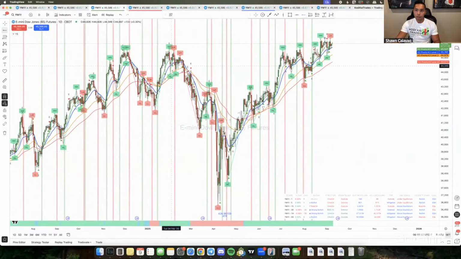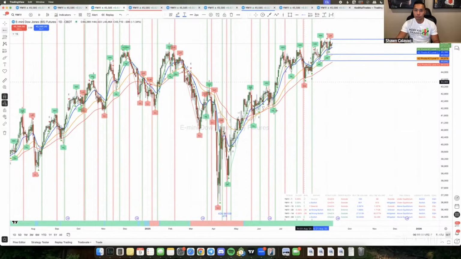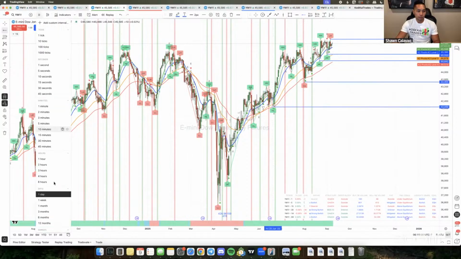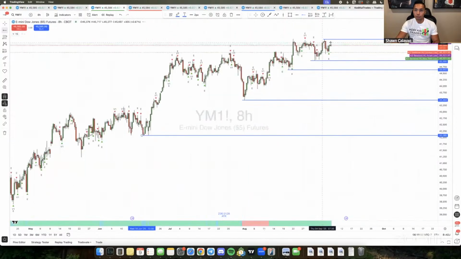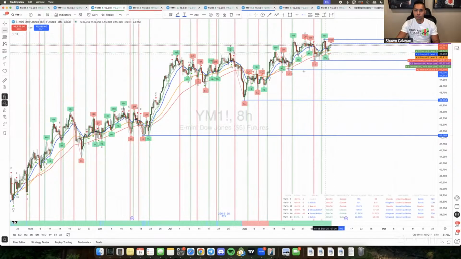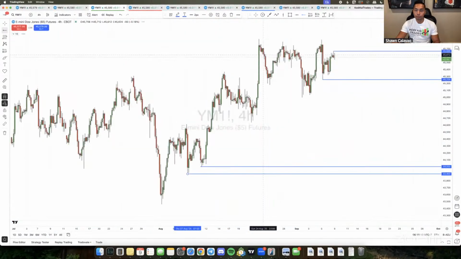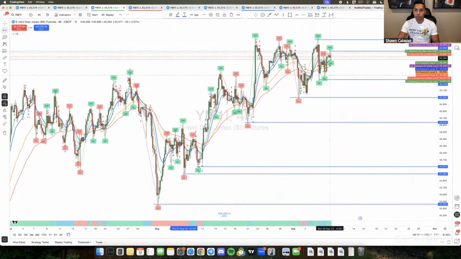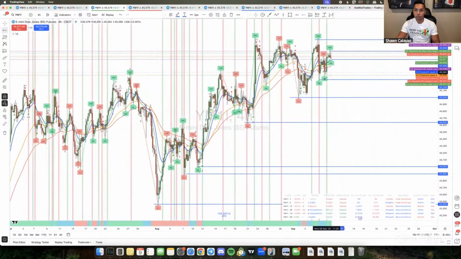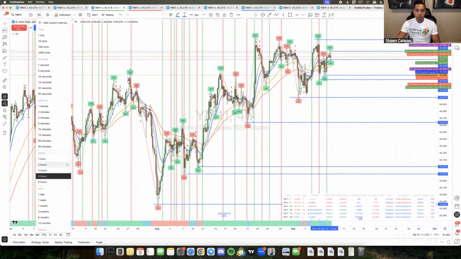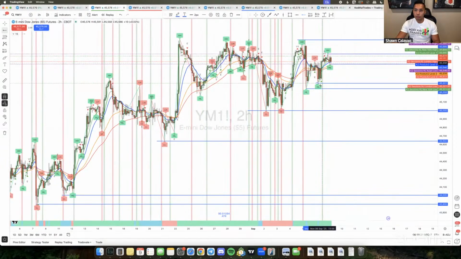So start off with the daily time frame right here. Dropping down to the 8 hour. Dropping down to the 4 hour. Dropping down to the 2 hour.